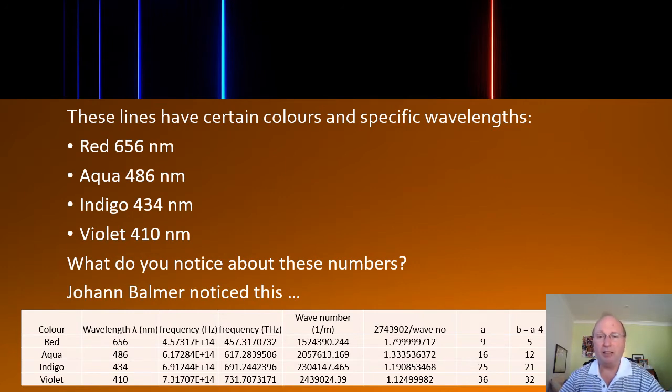So 1.8 is 9 divided by 5. 1.3 is 16 divided by 12, and then 25 divided by 21, and then 36 divided by 32. And you'll notice that 9, 16, 25, and 36 are all perfect squares, and the 5, 12, 21, and 32 are all simply 4 less than those perfect squares.